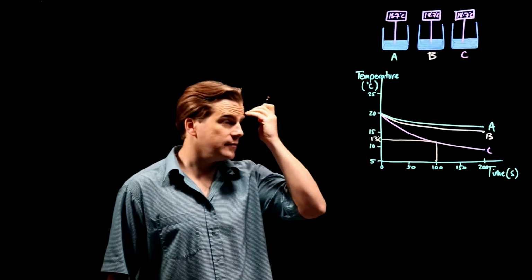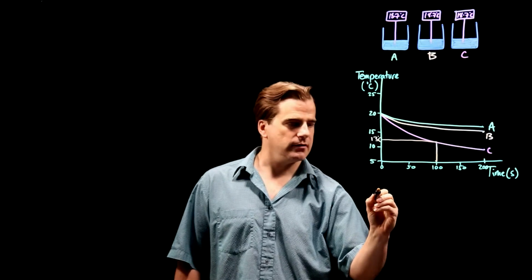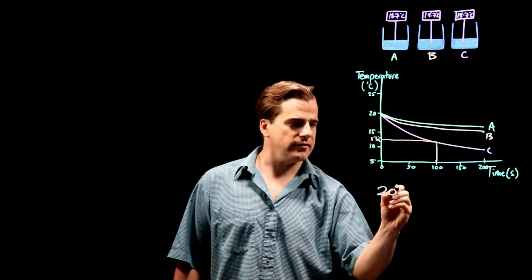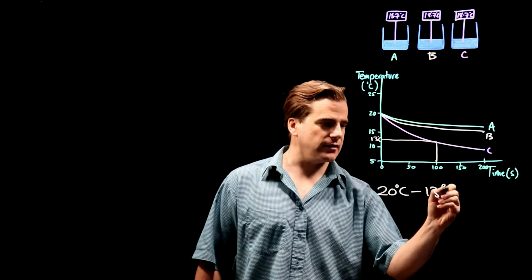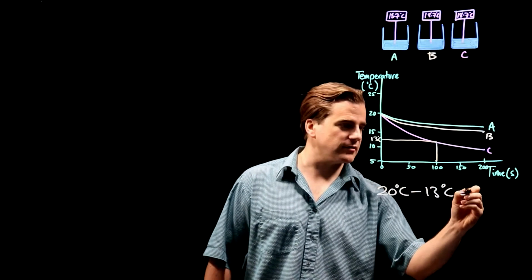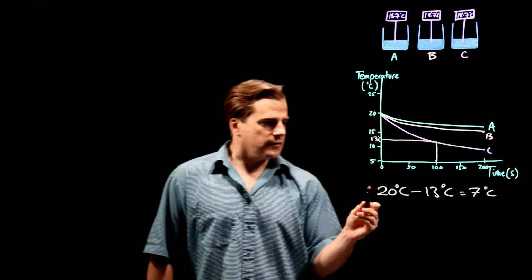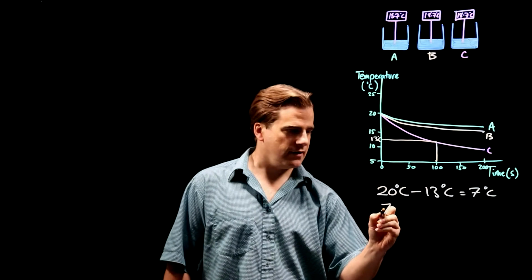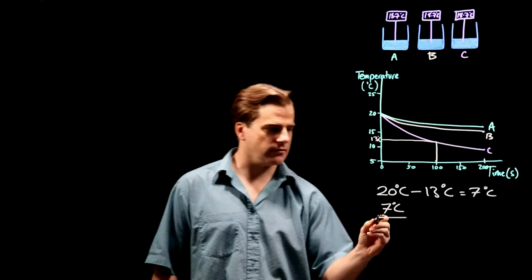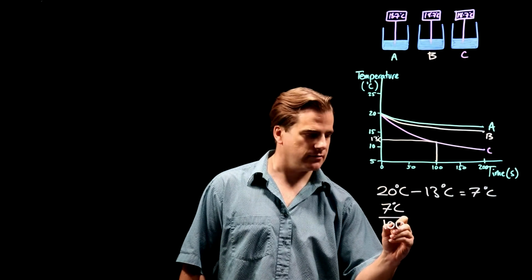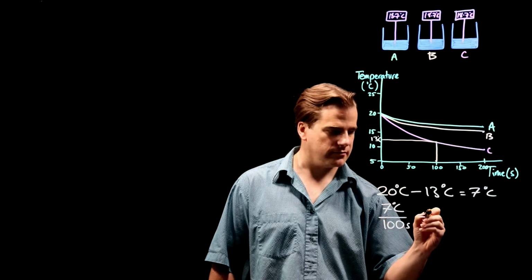Okay, that means that in 100 seconds the temperature of C has fallen from 20 degrees C to 13 degrees C. So the difference is 20 minus 13, which is 7 degrees C. So that's a 7 degrees C change per 100 seconds. So divide by 100 seconds. 7 over 100.